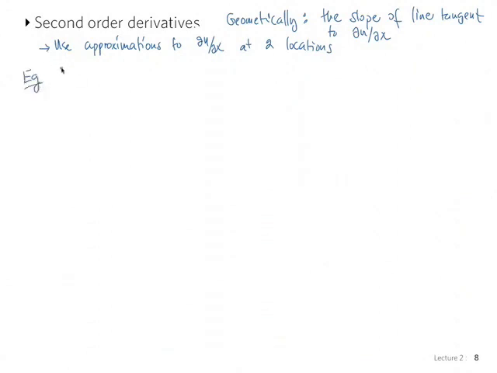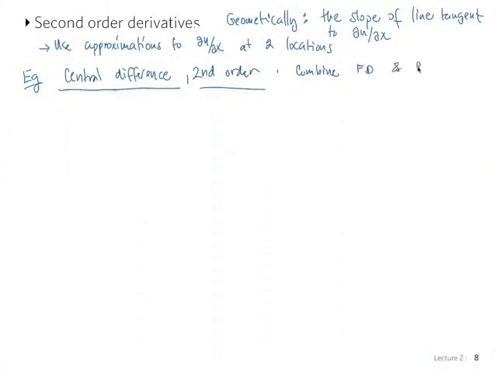For example, we can obtain a central difference approximation of second order by combining a forward difference and a backward difference for the first derivative.